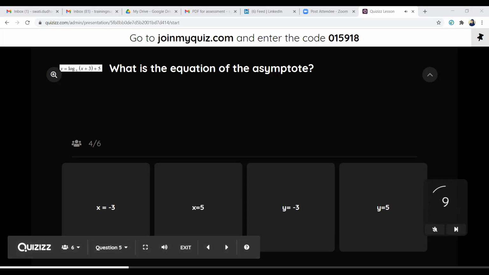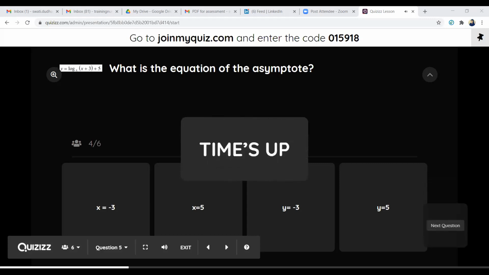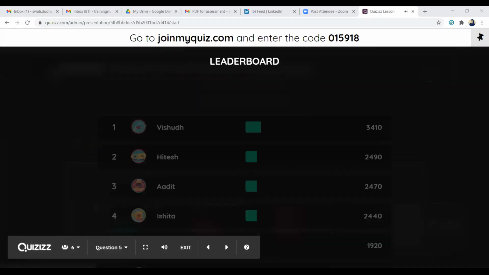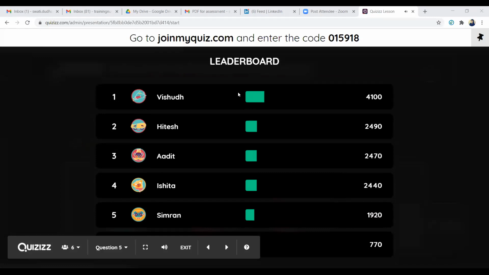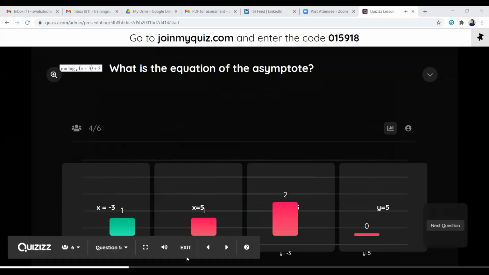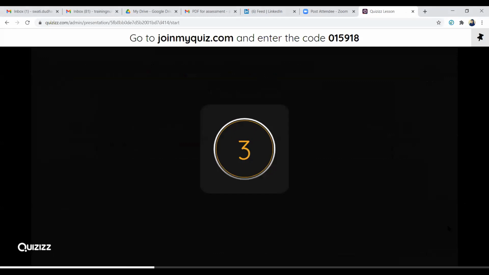Seconds left. We still have Vishud on top. The correct answer is option 1, x equals -3. Next question.